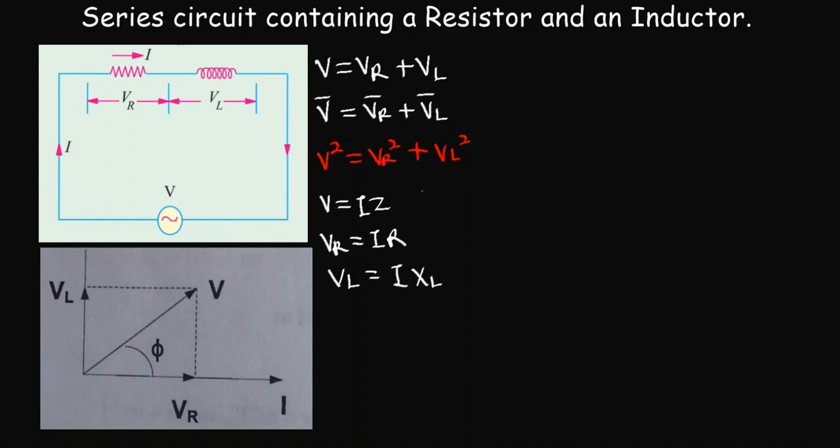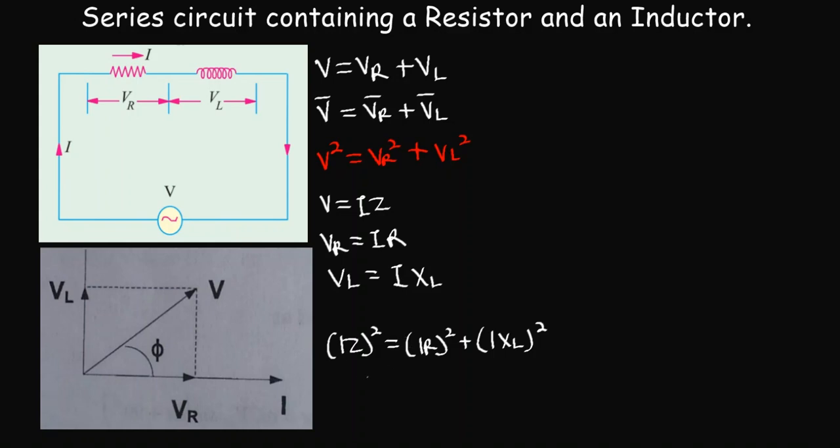So you can substitute all this into the expression that we have here. When you do that, you're going to have (IZ) squared equals (IR) squared plus (IXL) squared. You see that the current is common to all these terms, so you can cancel the current out.